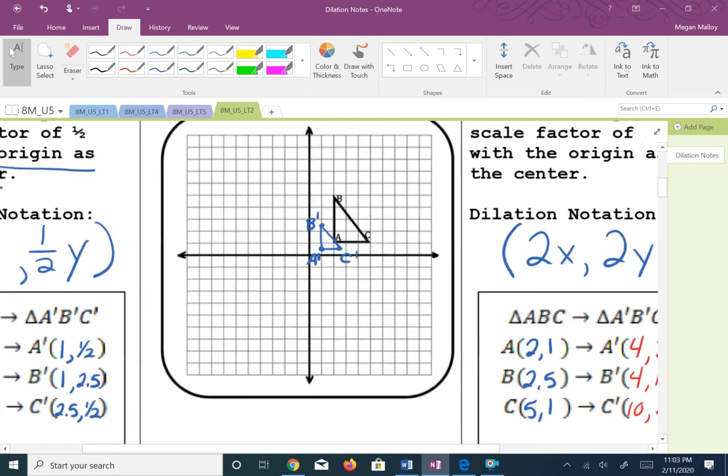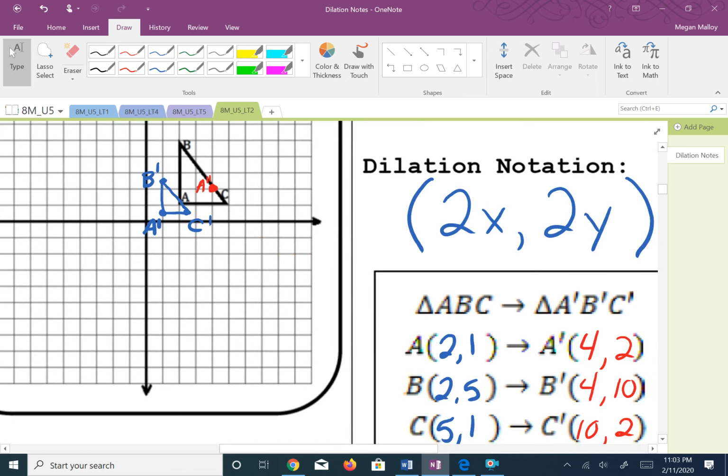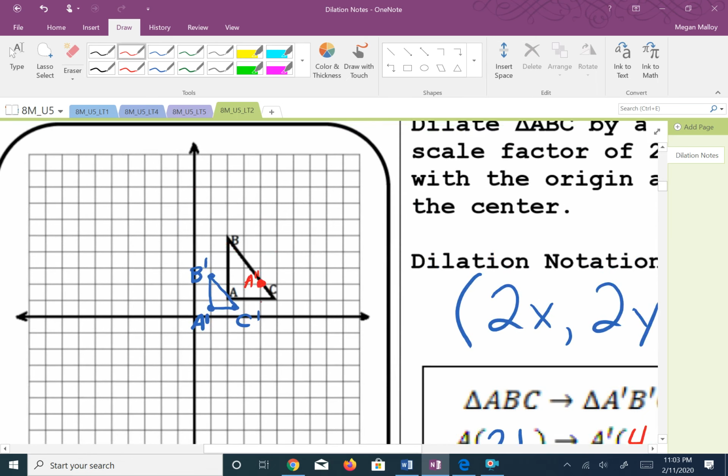So then I can graph this. So go to 4, 2. And we have my second image of A there. B is at 4, 10.